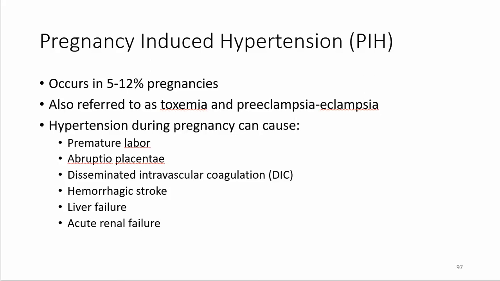There's a thing called disseminated intravascular coagulation, and this is because of the hypertension, the tunica intima, all the endothelial cells all over, stop their ability to prevent coagulation. So you end up with these small coagulations everywhere.